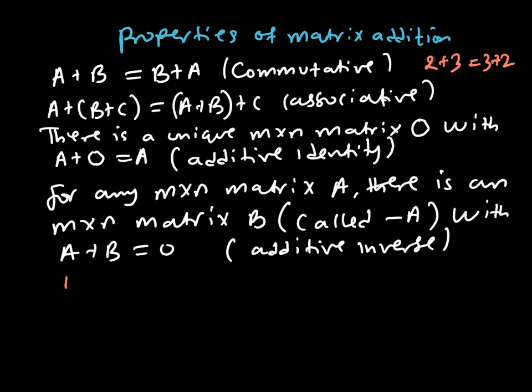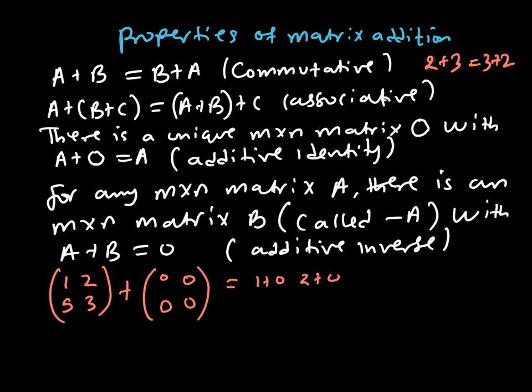If I have a matrix 1, 2, 5, 3, and I add the 0 matrix, which is of the same order with all entries 0, this will be 1 plus 0, 2 plus 0, 5 plus 0, 3 plus 0. You exactly end up with matrix A, which is 1, 2, 5, 3. So the 0 matrix is what we call the additive identity.